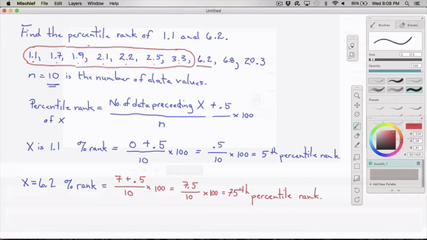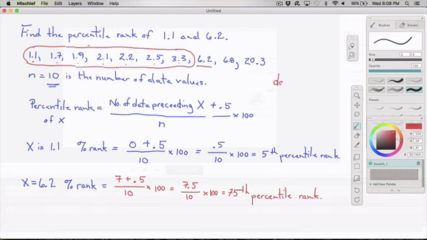And that's how you calculate a percentile. The key is, remember, it's the number of data preceding the one that you're interested in, and that your data needs to be in a list in ascending order, meaning from lowest to highest. And I'll make that little note over here.